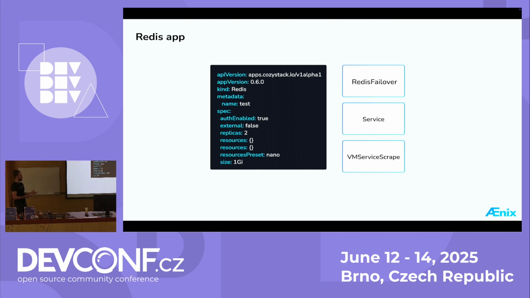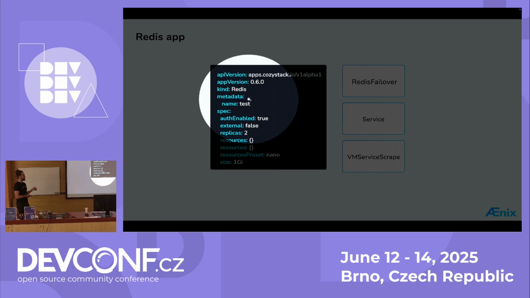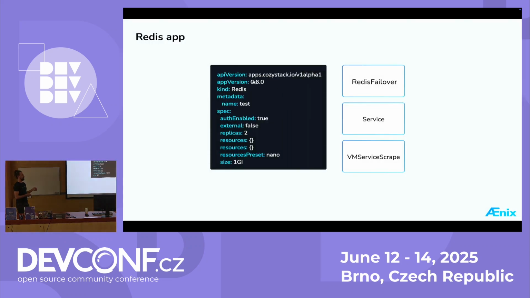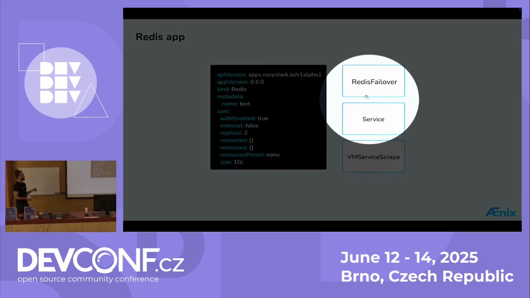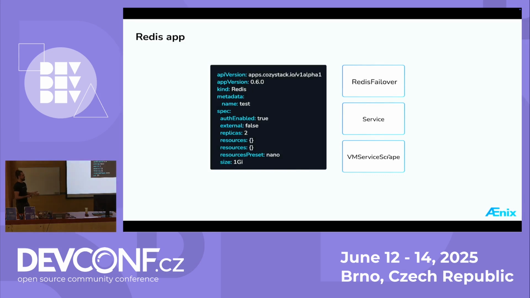So every service already has some pre-configured settings for alerts and dashboards. The user works with such a resource, and under the hood, it creates just a few resources to deploy the fully managed Redis service.